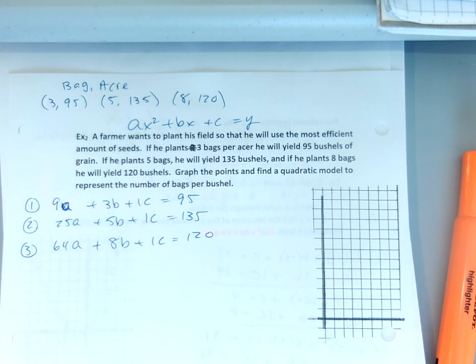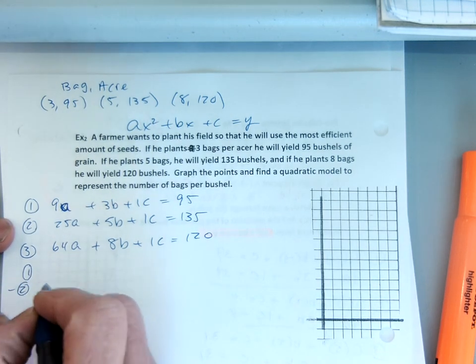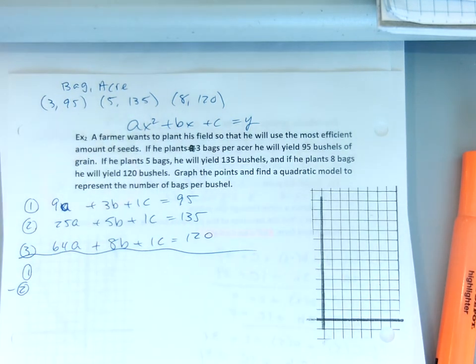Well, let's do the same thing. C's are the easiest to get rid of. So let's go equation 1 minus equation 2. I think that's the easiest way to start. Am I going too fast? A little bit.